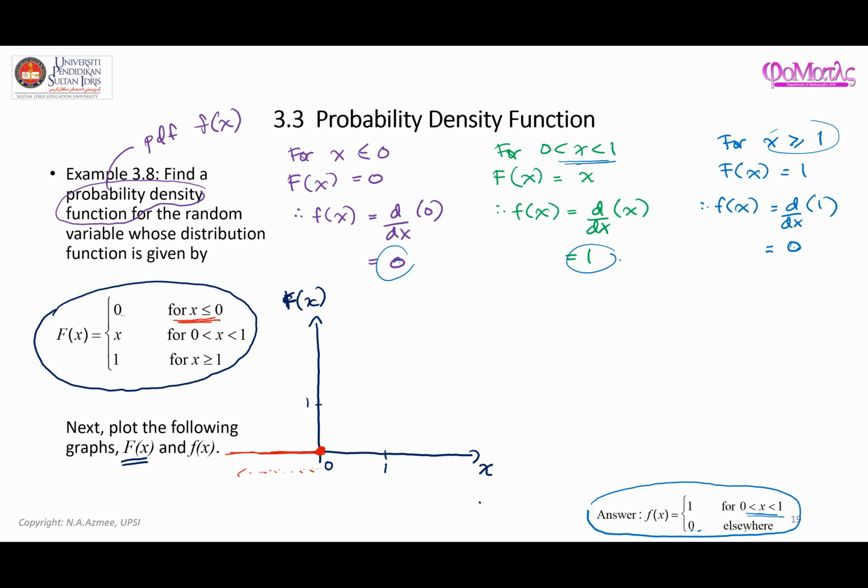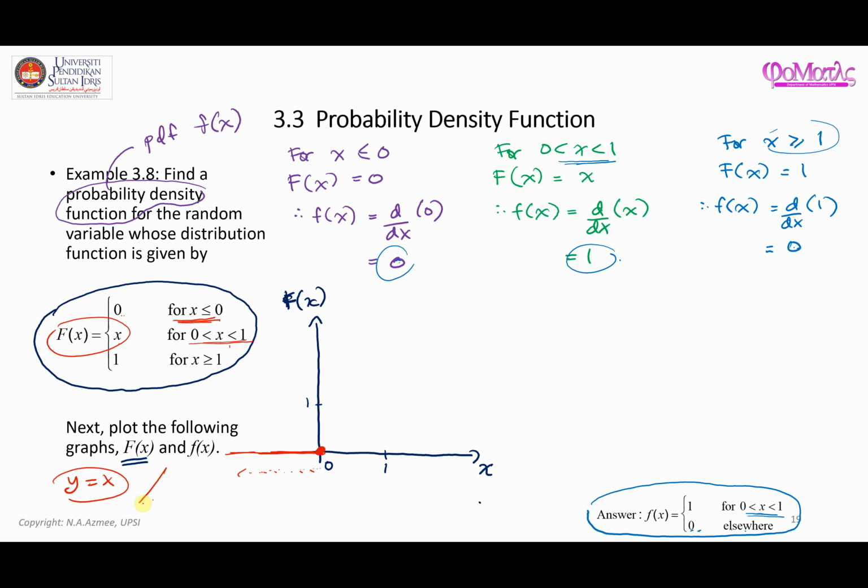Next, for x between 0 and 1, the function given here is x, so basically it means you're going to get a straight line. What does it mean, F(x) is equal to x? It's something that you have seen before. This is actually the graph of y equals x, where each value of x is equal to each value of y.